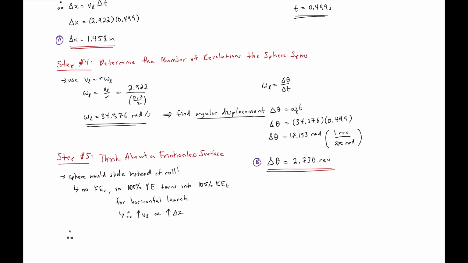So therefore, a frictionless surface would increase the horizontal distance traveled by the ball. And that answers part C.